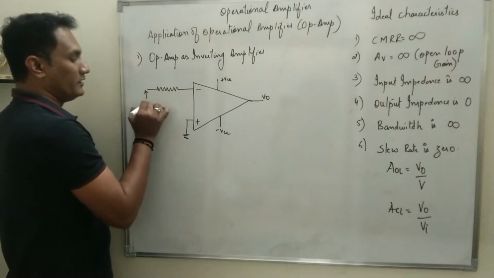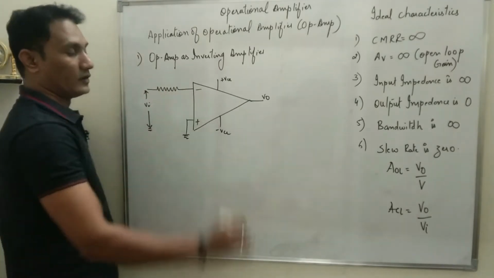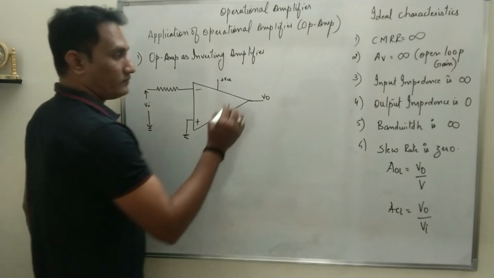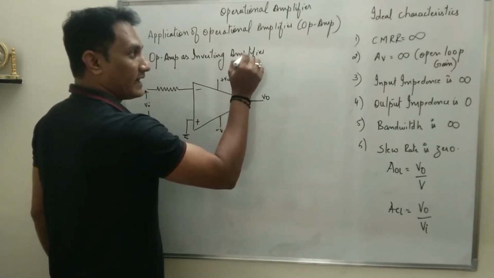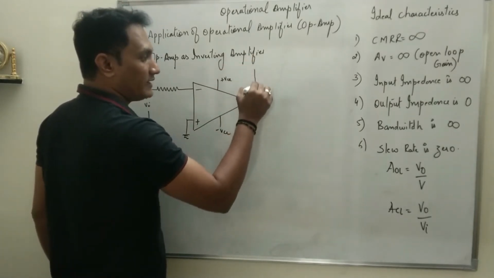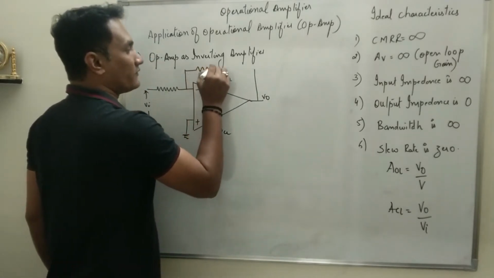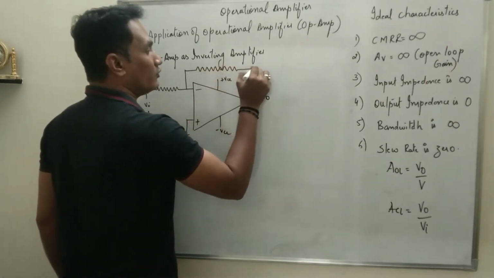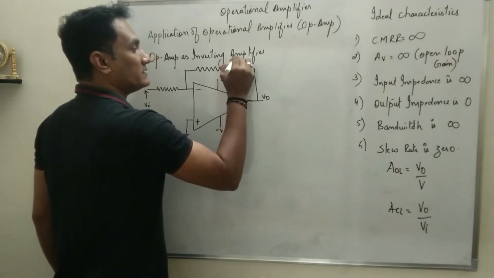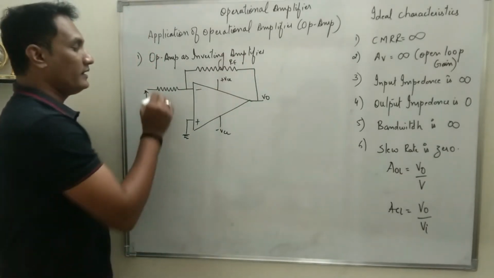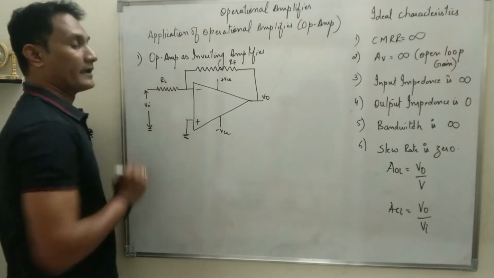Let that input be VI with respect to ground. As we are using it as an amplifier, the gain should be finite, and for that we have to connect some part of the output back to the input through a feedback resistance RF. And this is RI.